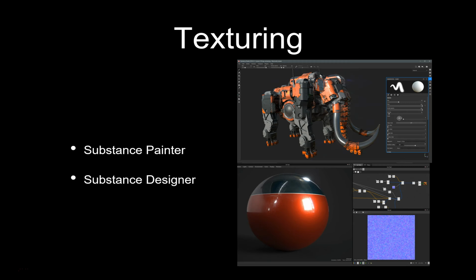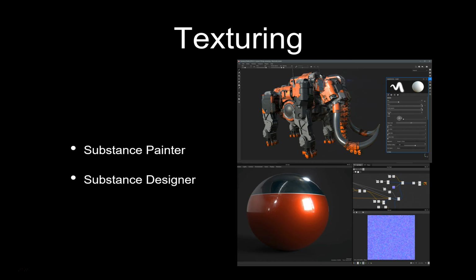As you can see here, we've got Substance Painter above and Substance Designer below. Substance Designer, I'll start with that actually, you can see a nodal network. Sorry, not in the bottom right. The bottom right is showing off a bump map. But to make the materials to paint onto surfaces, I use Substance Designer.